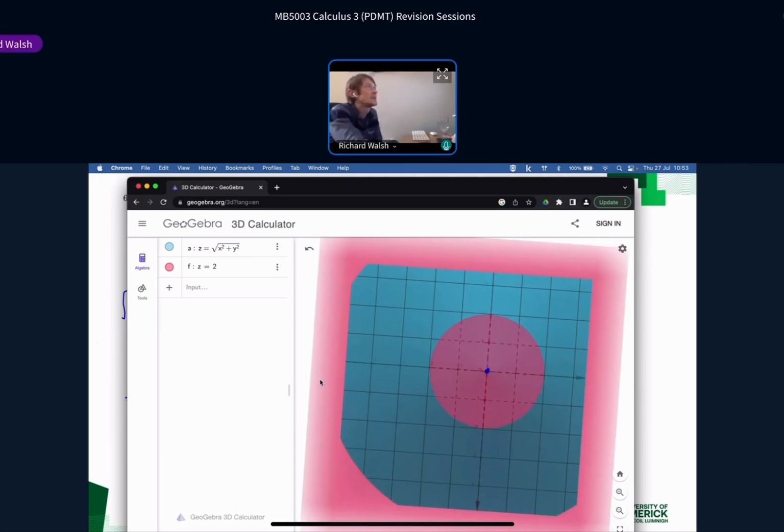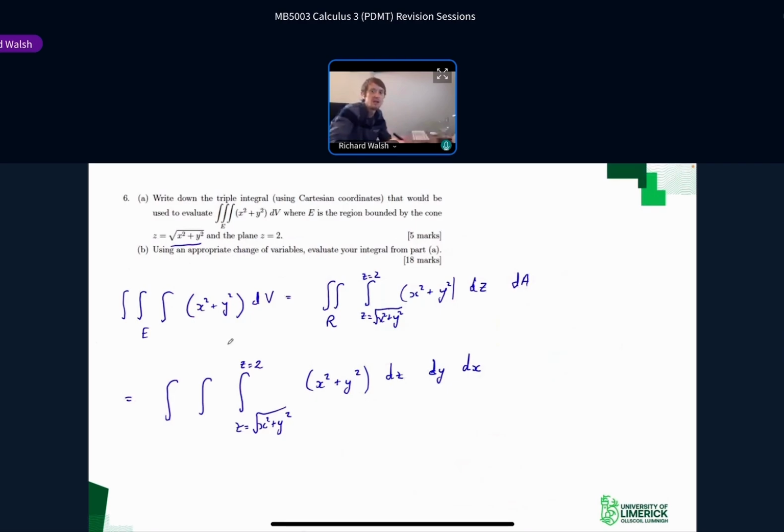To intersect two things in maths, you let them equal each other, because it's literally where the plane equals the cone. So it's where 2 equals the cone. If you square both sides, 2 squared is 4, and squaring a square root sign just cancels it. So that will be the equation of that circle, even if you didn't have the graph, which maybe you wouldn't.